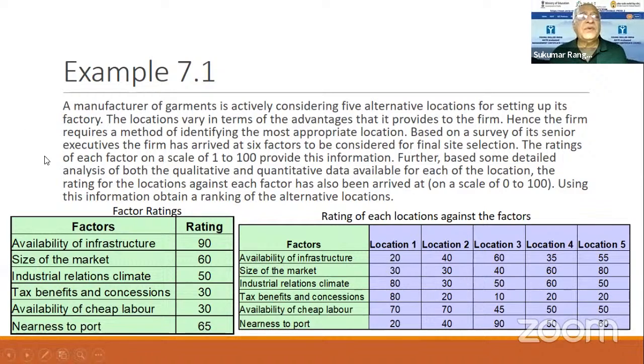The ratings of each factor are on a scale of 1 to 100. I said 1 to 10, but it could be anything; it's easier to compute on a decimal scale. Further, based on detailed analysis of both qualitative and quantitative data available for each location, the rating of the locations against each factor was arrived at, and using this information a ranking was obtained for the alternate locations.